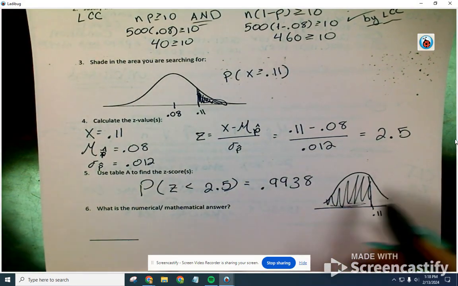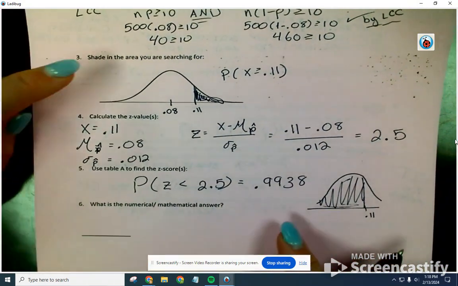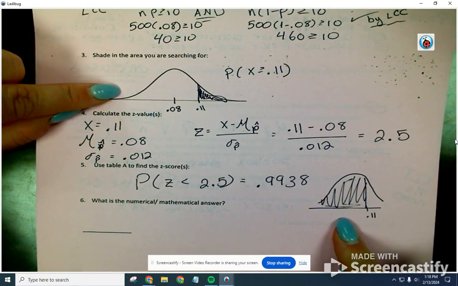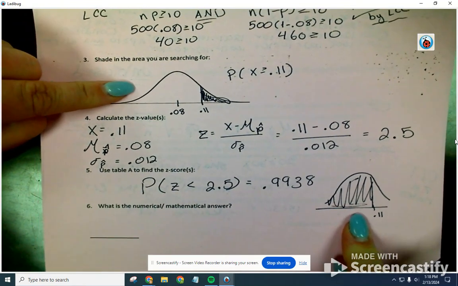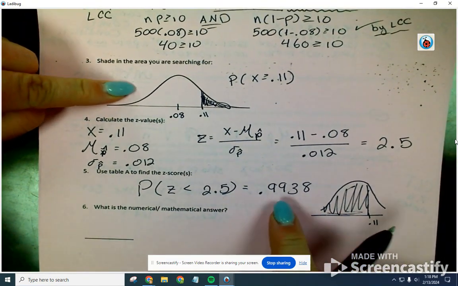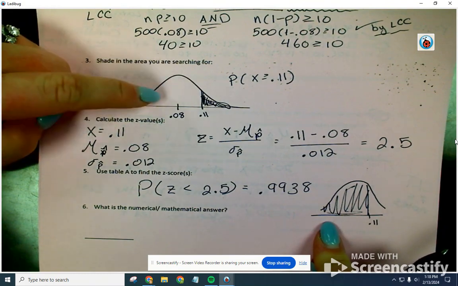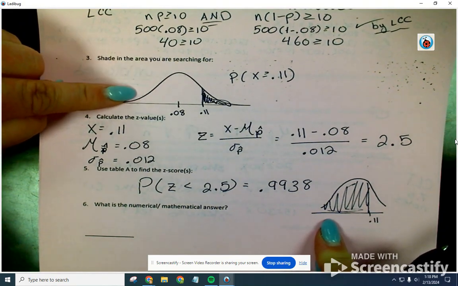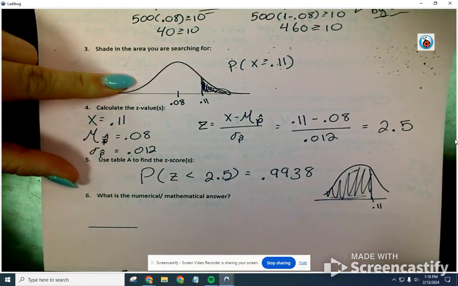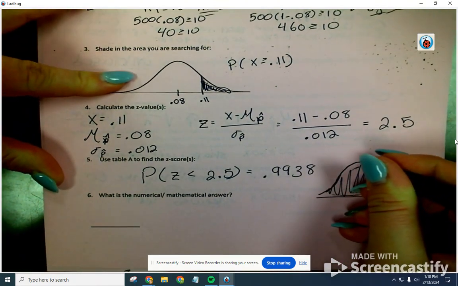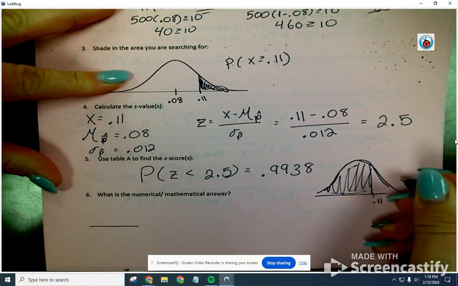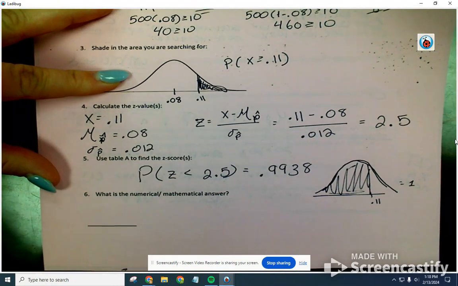So on number six, it says, what is the numerical answer? And that is simply checking your shading. So if Table A shows you the shaded area to the left, but we want the shaded area to the right, we have to do one more step. And that is remembering that this entire curve's area equals 1.